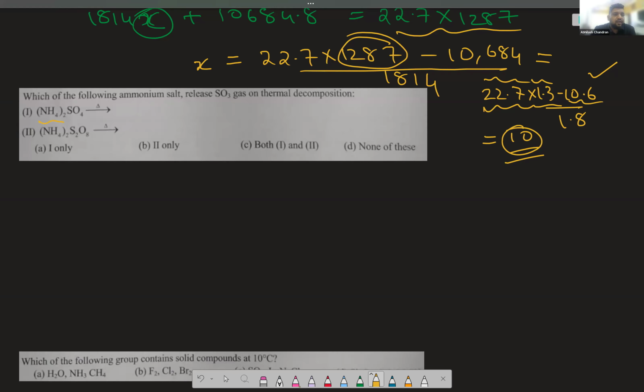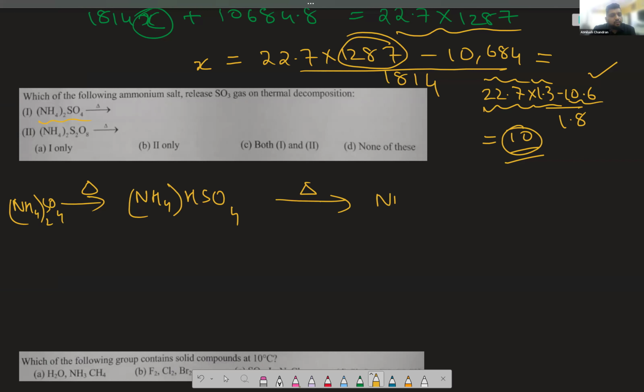Within sulfates, ammonium sulfate does have this thing that when you are heating it, first you are going to get ammonium hydrogen sulfate or ammonium bisulfate, which in turn breaks down further. So ammonium sulfate, (NH4)2SO4, begins to melt somewhere around 250 to 400 degrees, and first you end up getting ammonium bisulfate, which further on heating eventually breaks down into ammonia.